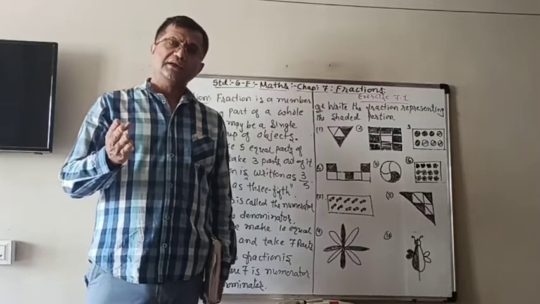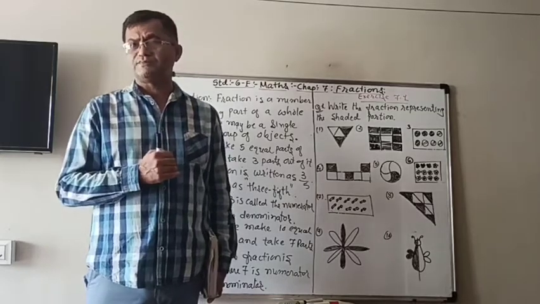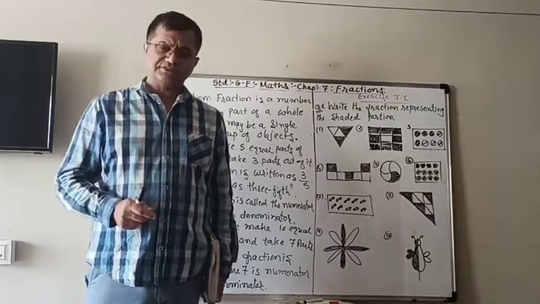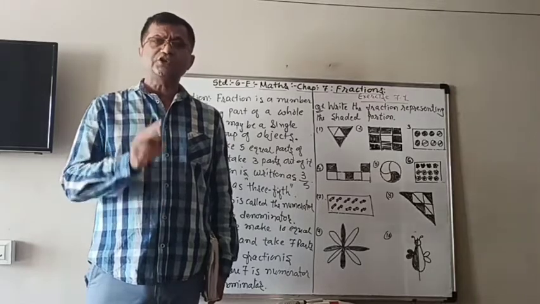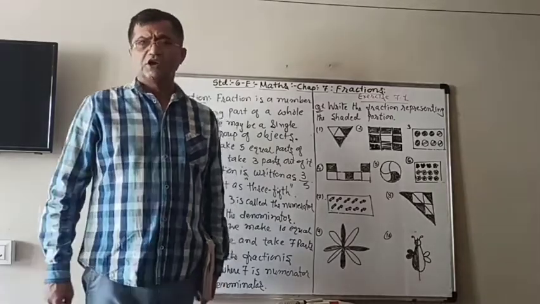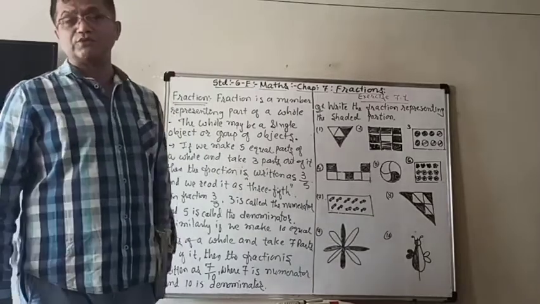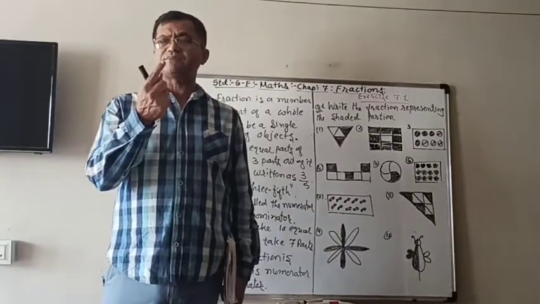For example, in the beginning I told you that the puri was divided into 2 equal parts. So each part is known as 1/2 because we take 1 part out of 2.